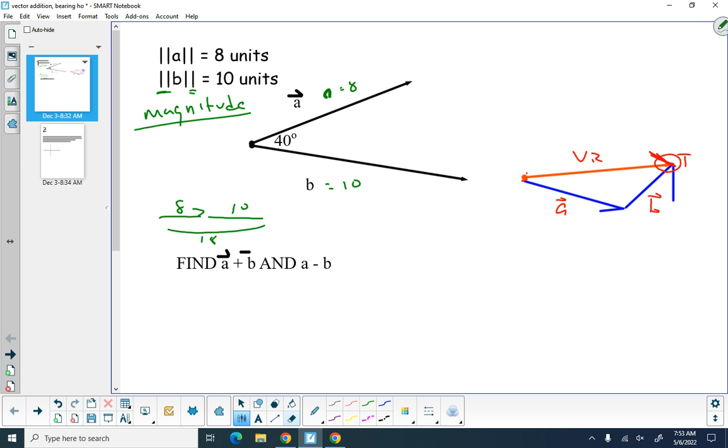So we want to be able to add A plus B. The angle connecting these two is a 40-degree angle.